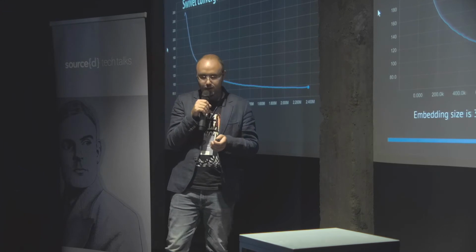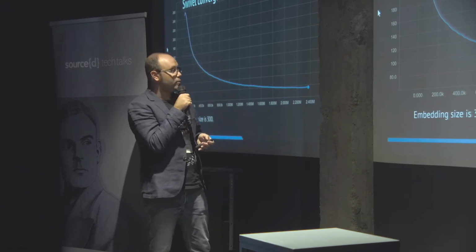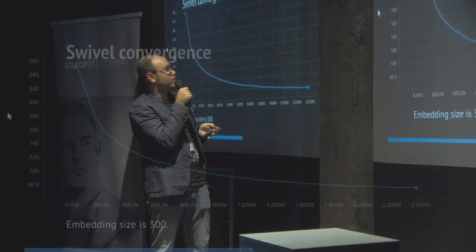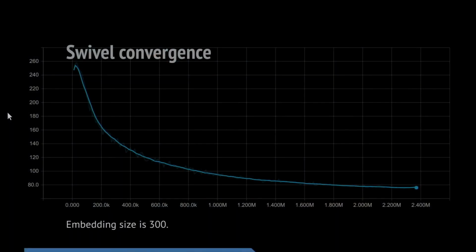This is how Swivel converges. You have AdaGrad inside. This is why at first it's going to kind of try to explode, but AdaGrad actually works. It adapts to the learning rate, and after this small peak, you start learning well, and finally converge to something like loss 80.